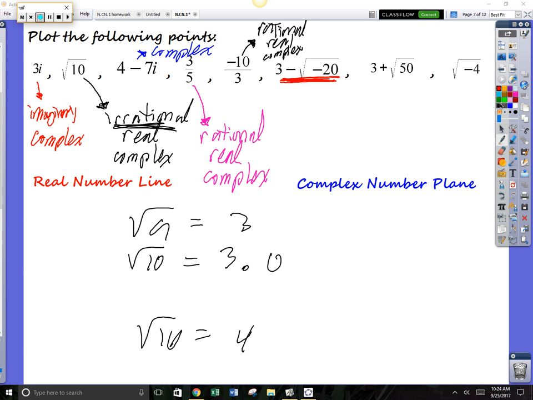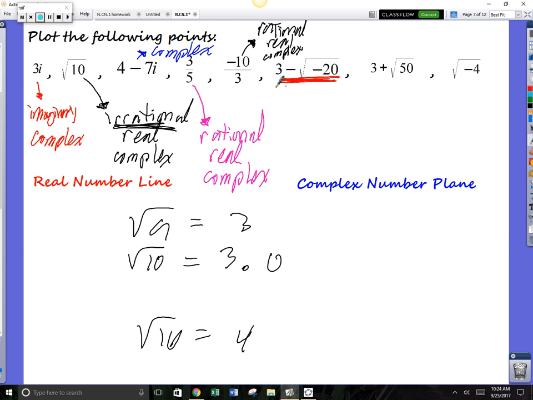It's got an imaginary part. It was like 3 minus 3.4 blah blah blah i. So that is the imaginary part. What's this part right here? So what if you got a real part and an imaginary part? What kind of number is this? It's just complex. This number is just straight complex.